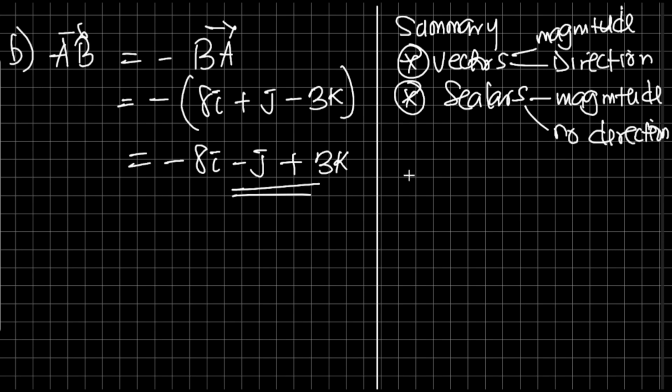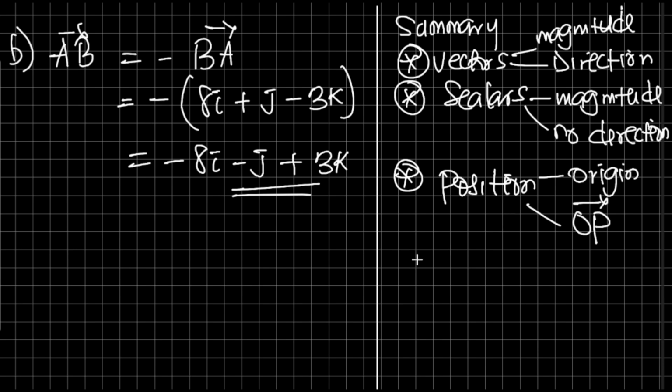Okay, so we also talked about the position vector as a vector from the origin, and the representation can be OP. Okay, we talked about the displacement vector.